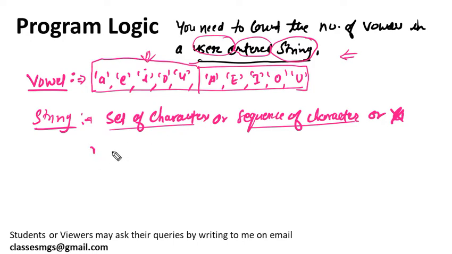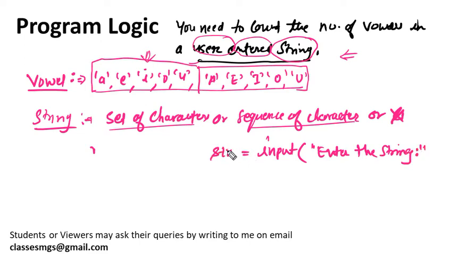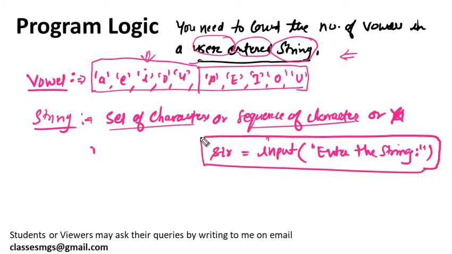Which function do you use to get input from the user? You use the input method, so the user will be able to enter some string, let's say str, from the keyboard, and then you are going to count the number of vowels in it.